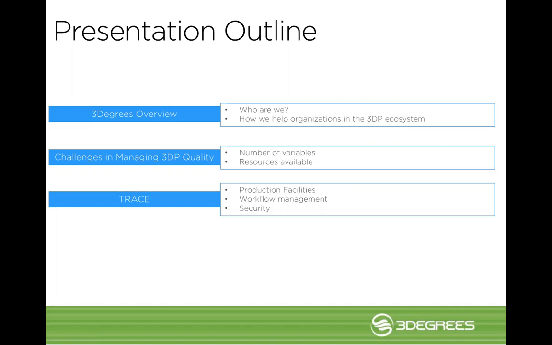First, we'll go over a little bit more about what 3 Degrees is, who we are, how we help companies in the 3D printing ecosystem. We'll then go into challenges in managing 3D printing quality, based on the number of variables and the resources available, and some of the things that really inspired us to develop the tool that we'll talk about next, which is TRACE, a software tool to help in the quality management of additive manufacturing processes, especially as folks start to utilize the technology for things beyond prototyping, either doing material and production validation studies or going to full production.